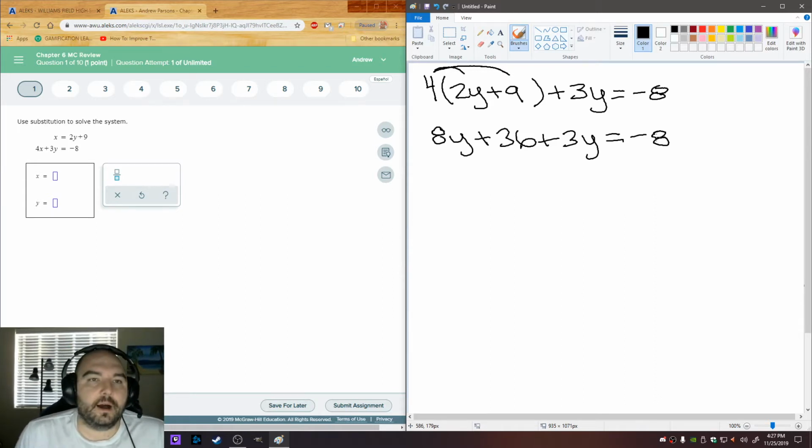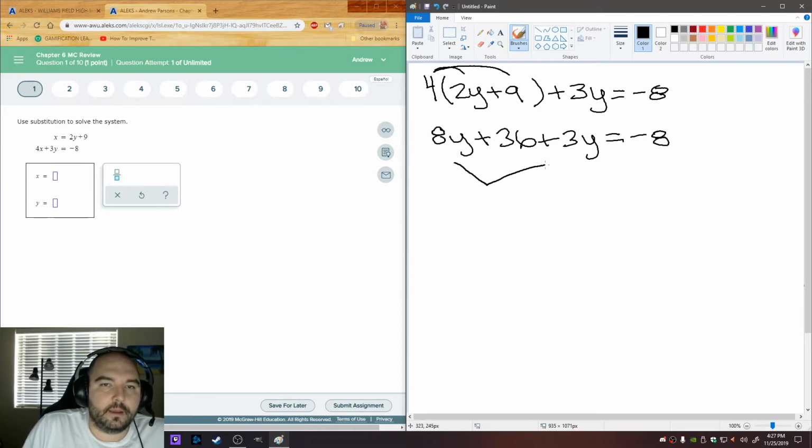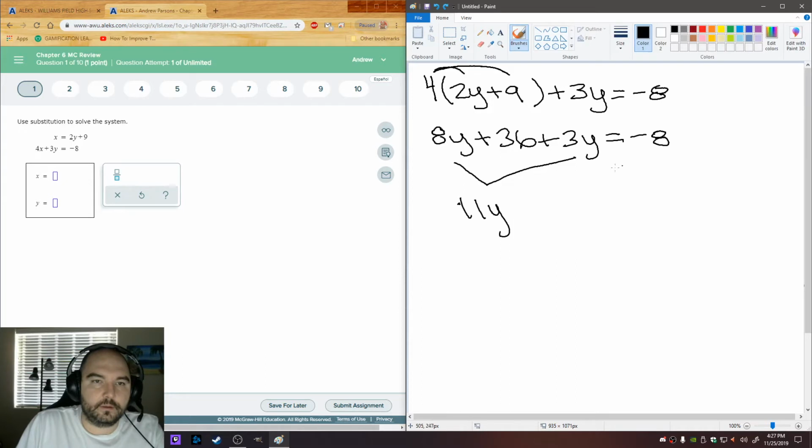Okay, so I distributed. I got 8y plus 36 plus 3y equals -8. There's like terms here. We got 8y and 3y, which makes 11y, plus 36 equals -8.